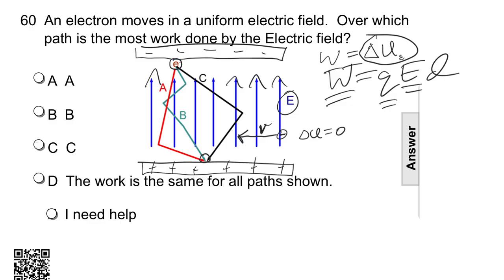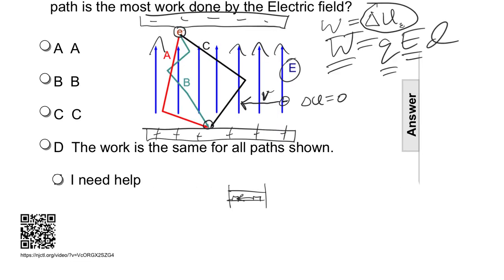It's like, here's a bookshelf. Here's a book. You slid that book over here. It didn't gain or lose any potential energy in sliding it from one side to the other side of the bookshelf. Now, if you pushed it up to another shelf, it gained potential energy, or if it dropped down to another shelf, you would have lost potential energy. But so work is the same for all paths shown.